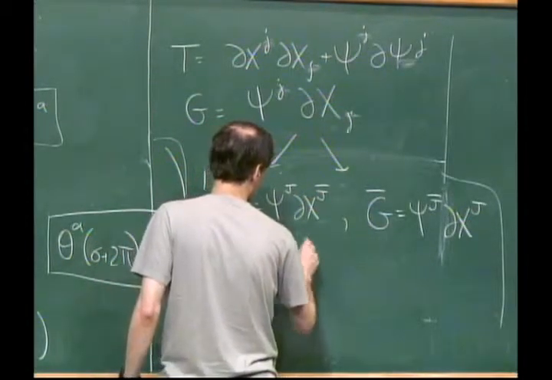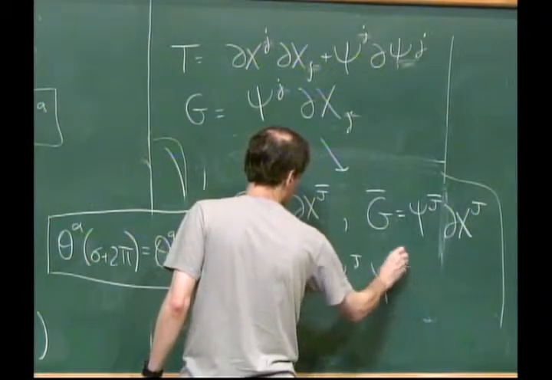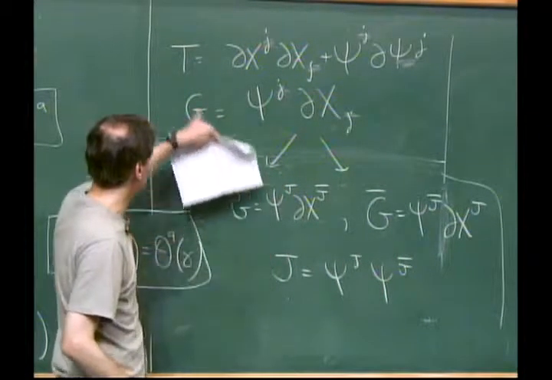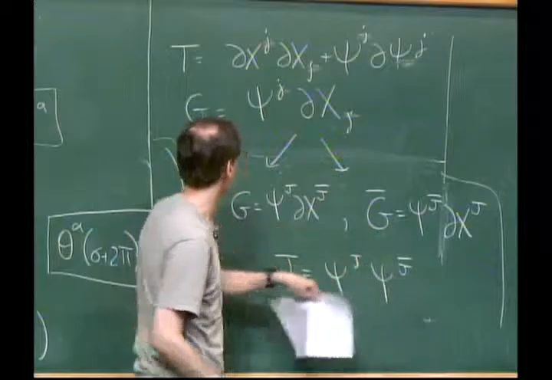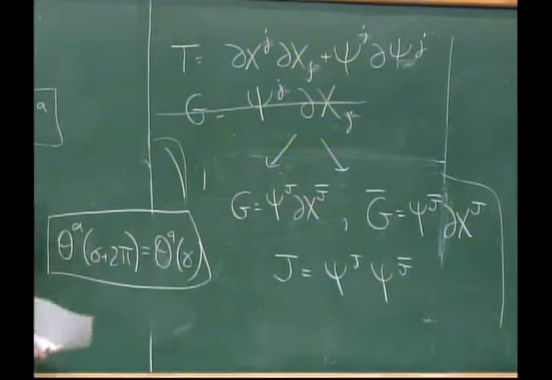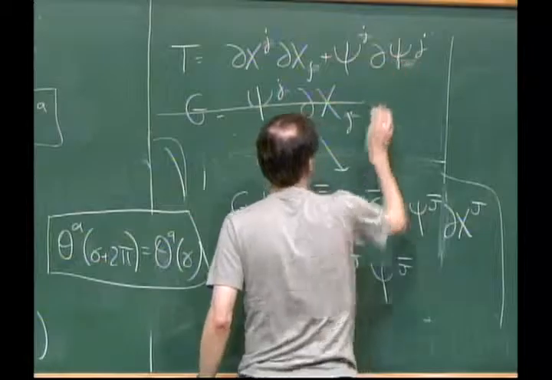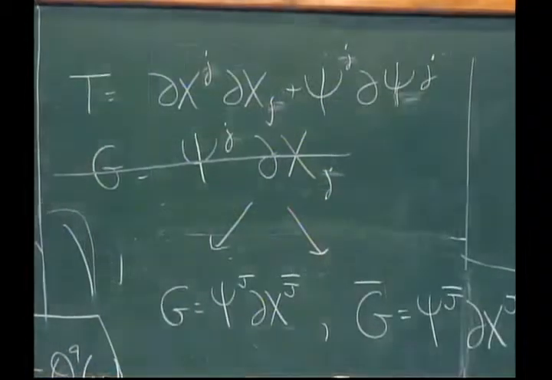Finally, you have a U(1) generator, which is just psi^j psi^j bar. So these four generators, T, this G, and G bar, so no longer this one, form an N=2 super-Virasoro algebra. And psi, if I write it like this, in this form with T, is still spin 1/2.